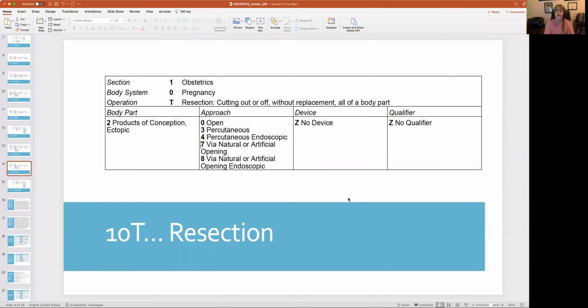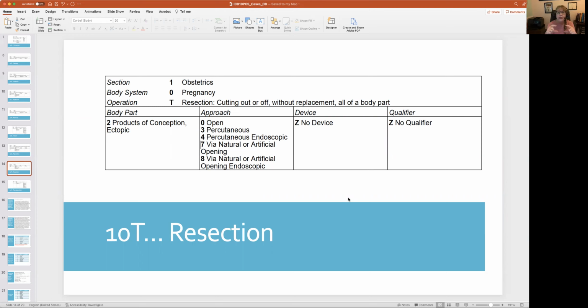All right, so resection. You know that this is the cutting out or off, all without replacement, of a body part. And notice you only have one choice for the body part, and that is an ectopic pregnancy. Basically, this is going to be a salpingectomy. Remember, salping, fallopian tube, ectomy, surgically removing.